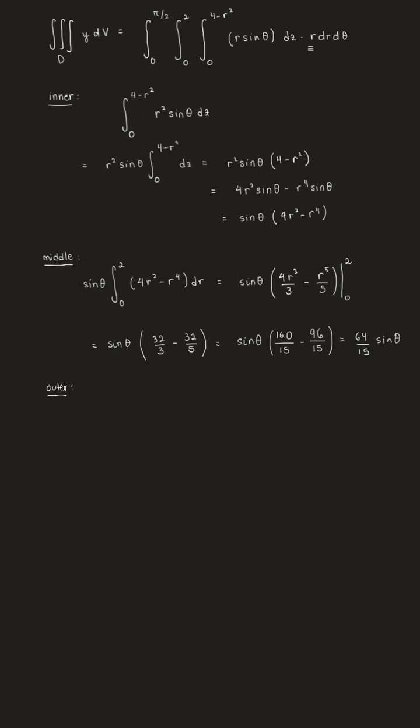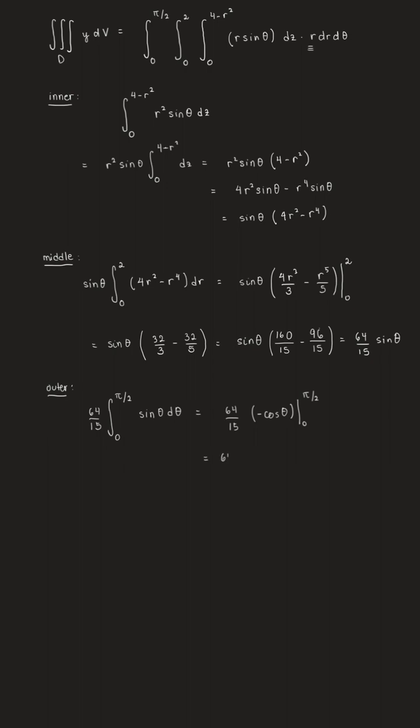which is in terms of theta. So we have the integral from 0 to pi over 2. We can pull out the 64 fifteenths on the outside of our integral, and then we just have sine theta d theta. The antiderivative of sine theta is negative cosine theta, and that will be integrated from 0 to pi over 2.